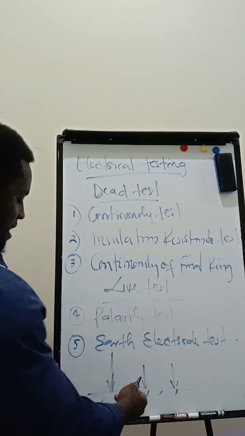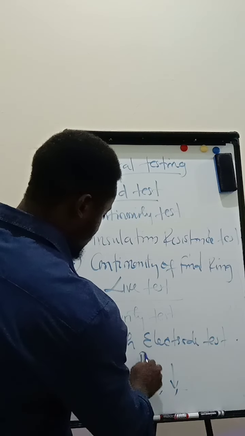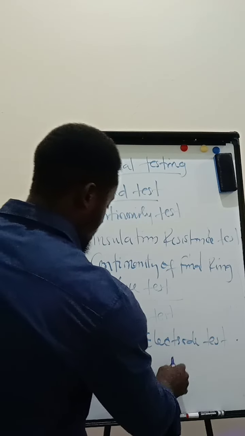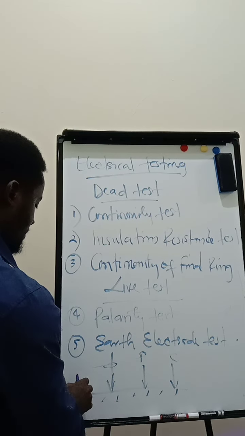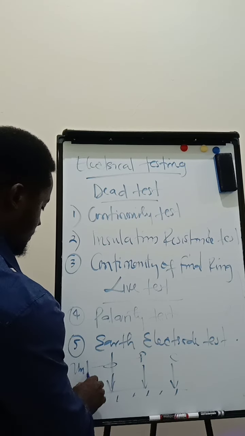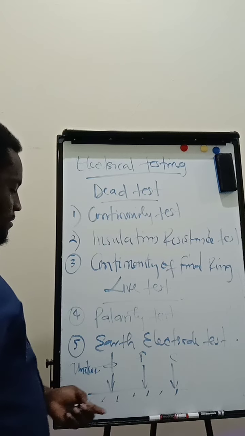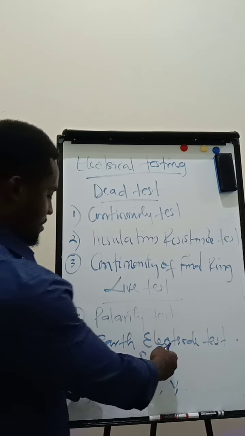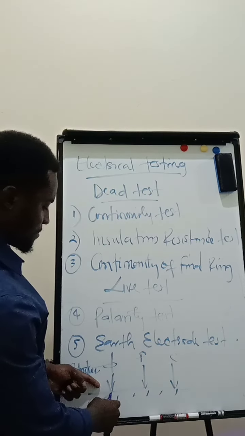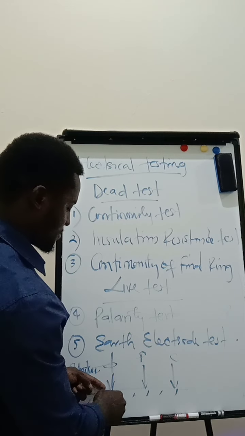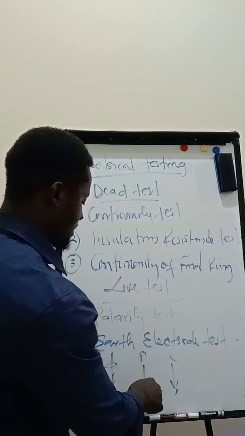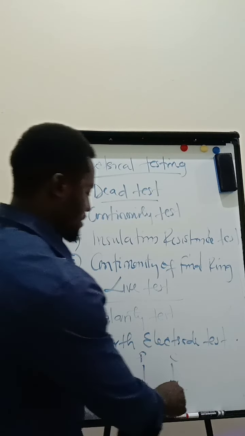Here will be the potential electrode and here will be the current electrode. So we have to measure now using our earth electrode tester. We'll take our probes, put one link here, put the potential link here, and then put the current link here.